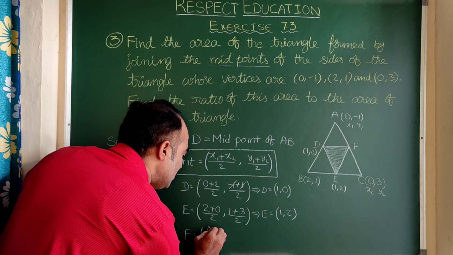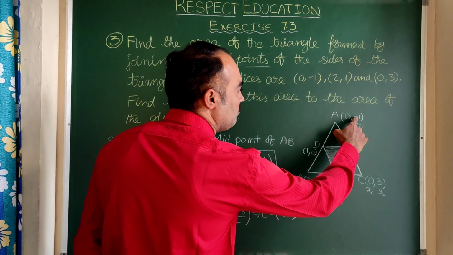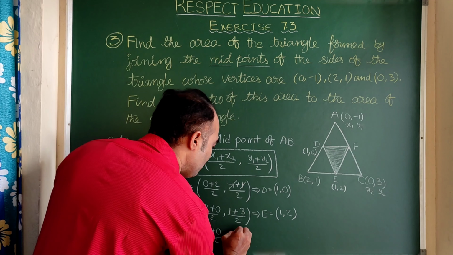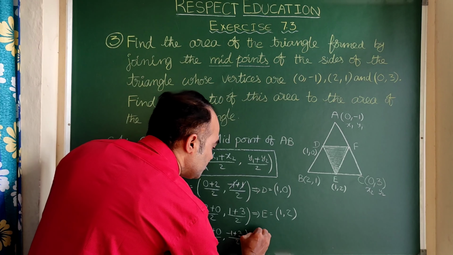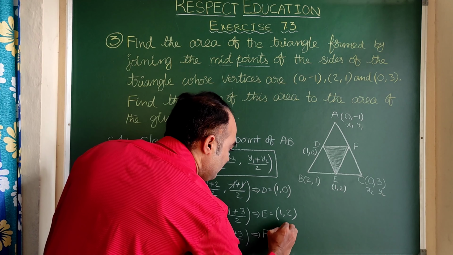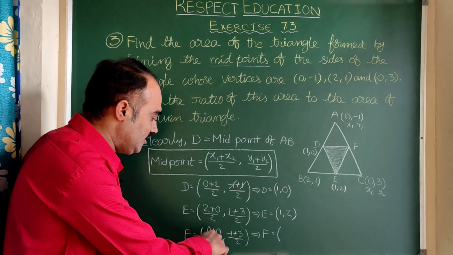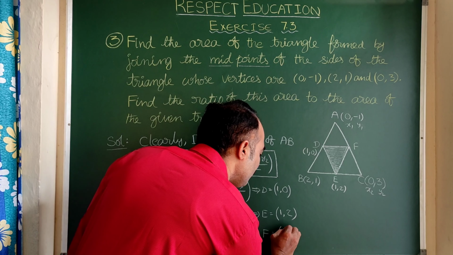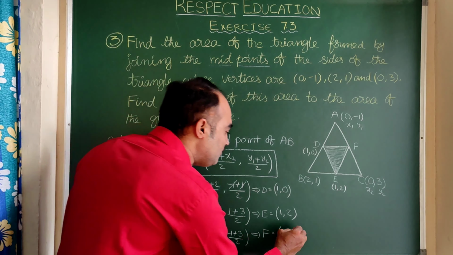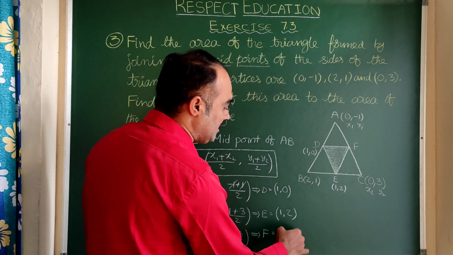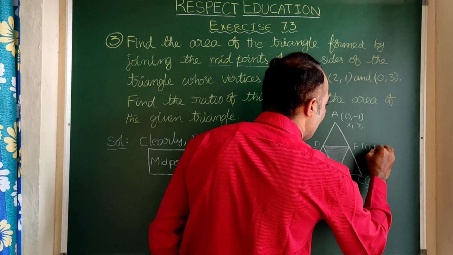So 0 plus 0 by 2, comma, y1 plus y2 by 2, y1 is minus 1 plus y2 is 3 by 2. Let us simplify the value of F. 0 plus 0 is 0, 0 by 2 is also 0. And 3 minus 1 is 2, 2 by 2 is 1. So F we got as 0 comma 1.